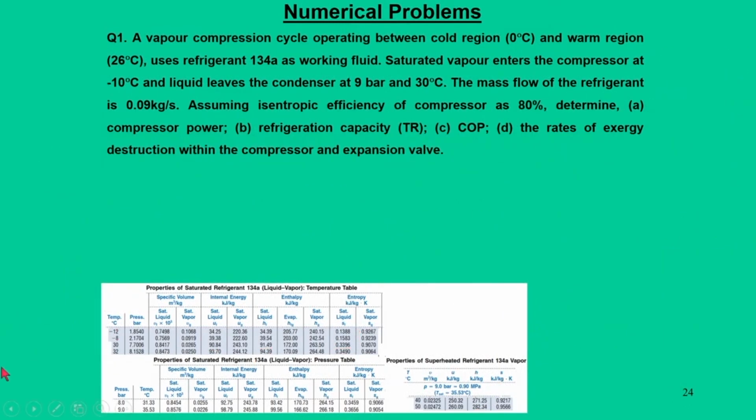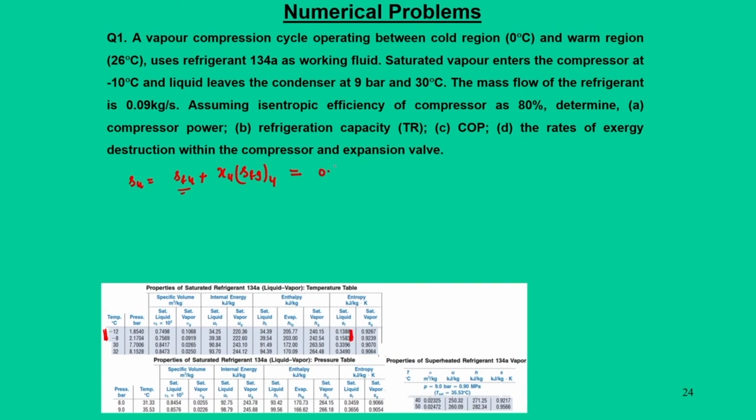So, once you have this x 4, we can now say what is the value of S 4. So, S 4 is equal to S F 4 plus x 4 into S F G 4. So, S F 4 you can calculate at state point 1 by interpolation of data. So, this value would be somewhere the average of this.